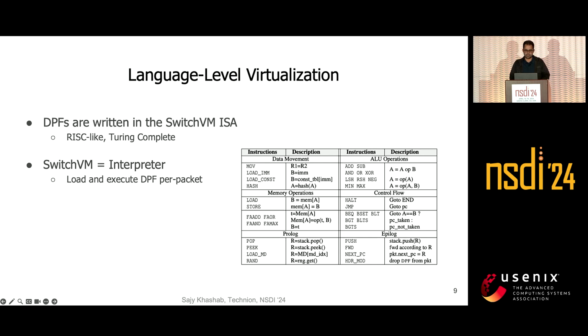SwitchVM in this case simply acts like an interpreter to these instructions, which get translated to the switch's native operation. It basically loads DPFs per packet and executes it. The DPF's compliance with the sandbox policies is enforced at runtime, according to the rules installed during setup.